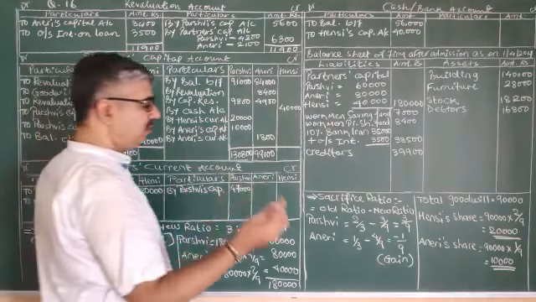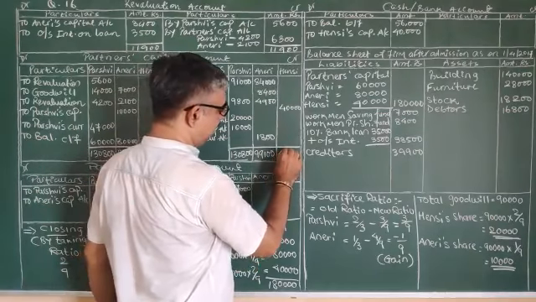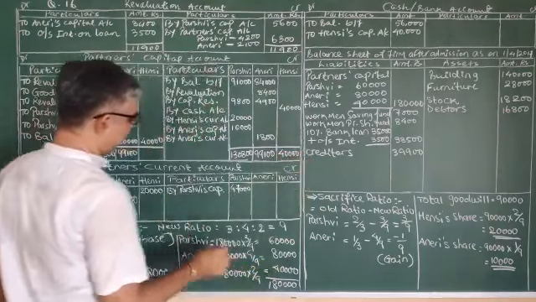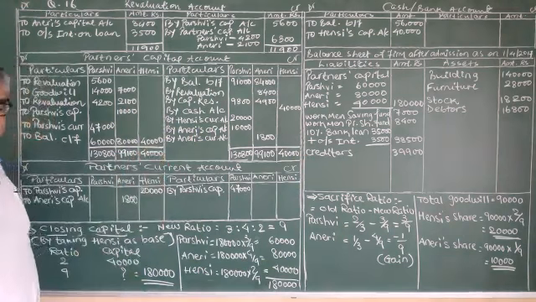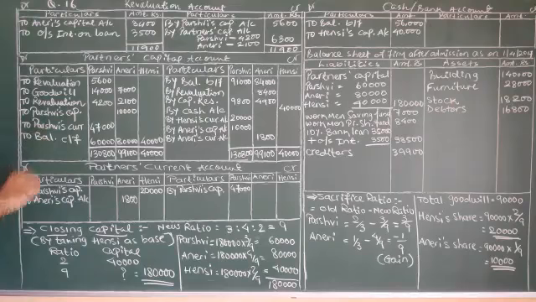And for NC, N is given 40,000. So here you can see capital account.